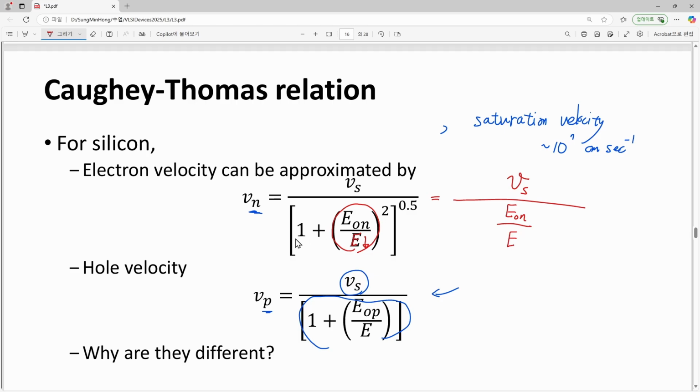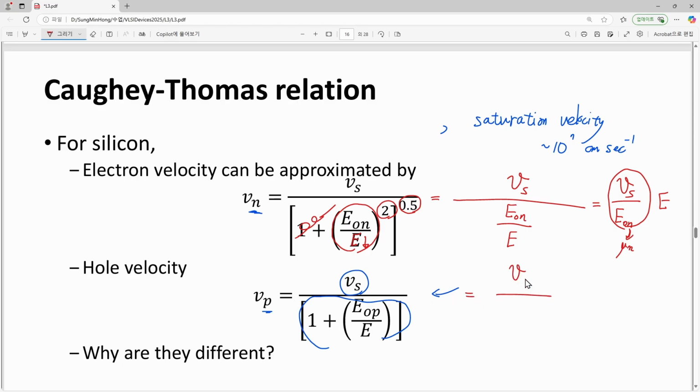Because it is gone, and this power 2 and power 0.5 combined together yield just the power of 1. So now we will have Vs divided by E sub n and the electric field. What is this? This corresponds to our electron mobility. The same situation follows for the whole expression.